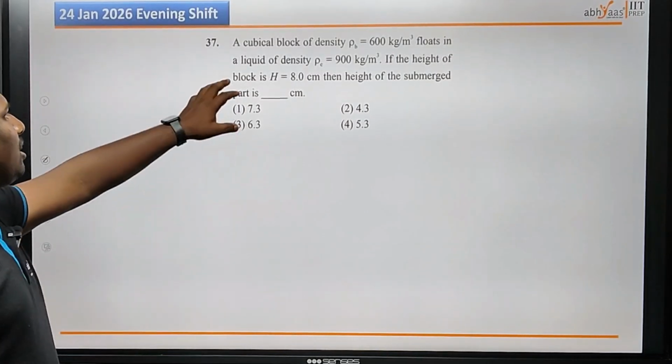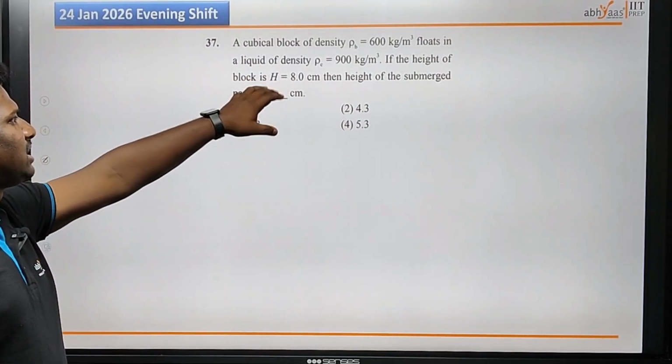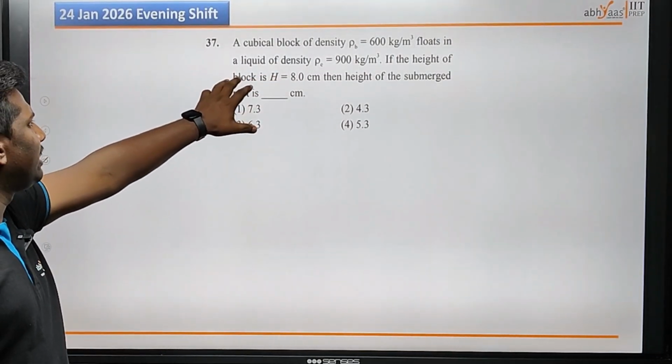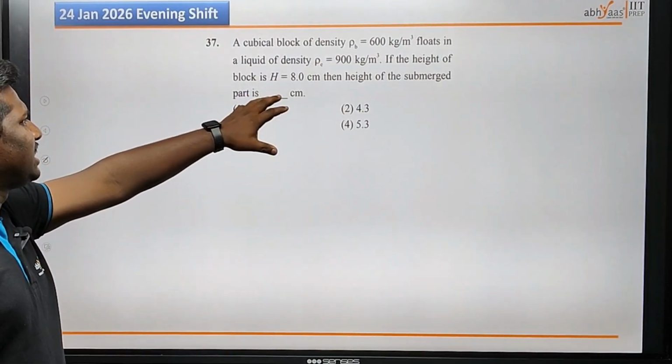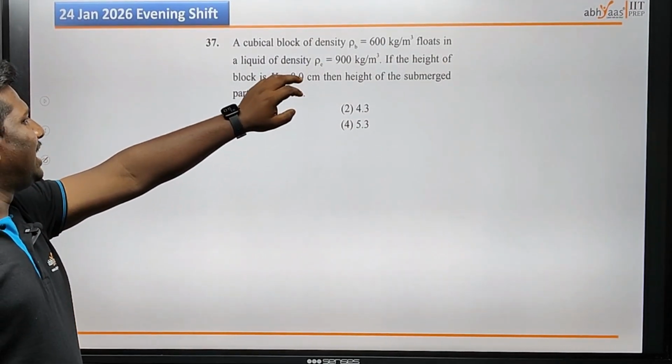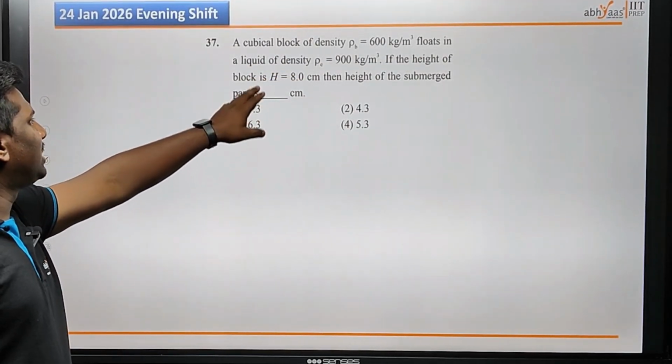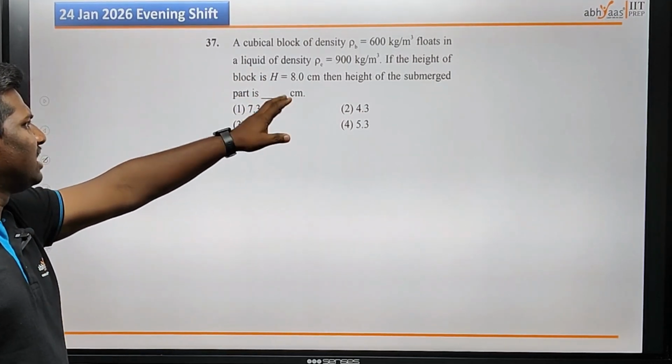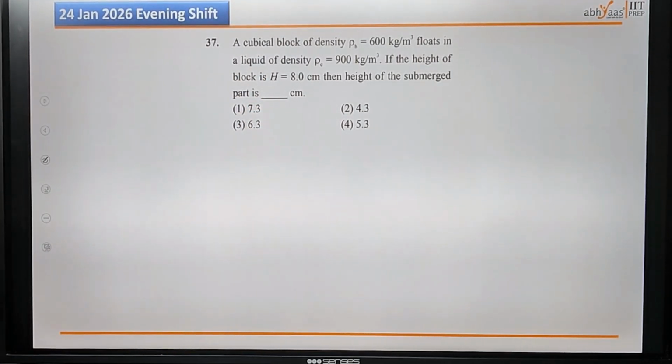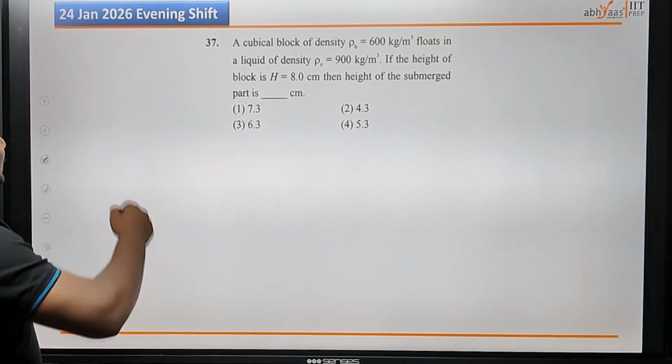A cubical block of density rho b 600 kg per cube floats on a liquid of density 900 kg per cube. If the height of the block H is 8 centimeters, then find the height of the submerged part. So, what is the condition?